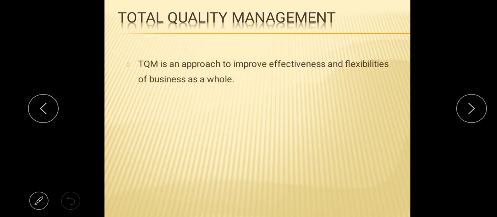Now, total quality management is a system of management based on the principle that every member of staff must be committed to maintain high standards of work in every aspect of a company's operation. TQM is an approach to improve effectiveness and flexibilities of business as a whole.